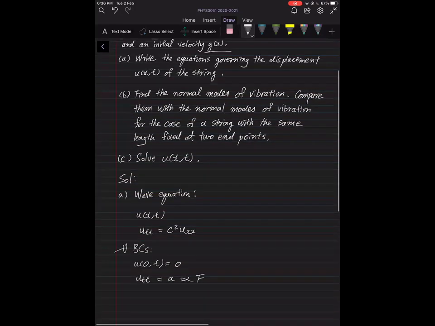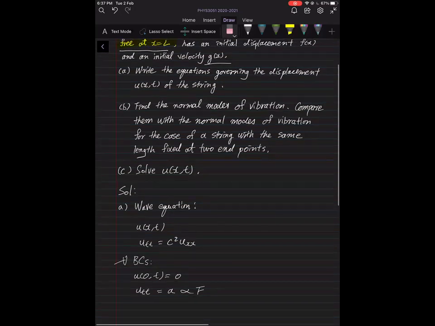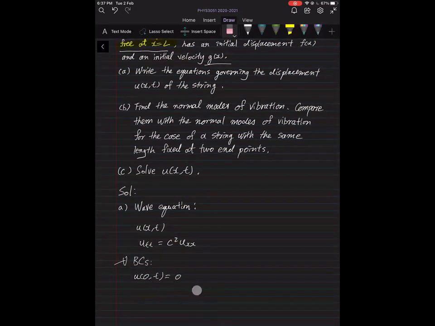But the problem is you don't know u, so you also don't know u_tt. So actually for this boundary condition, it is the spatial derivative of u that is equal to 0.